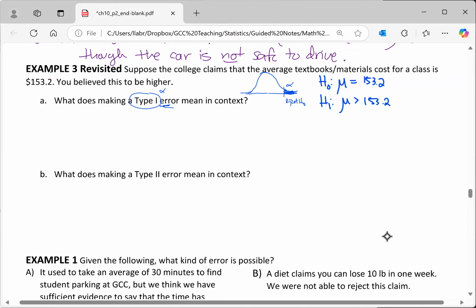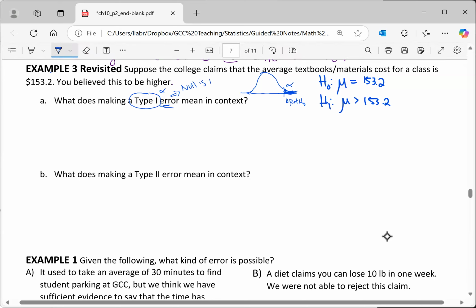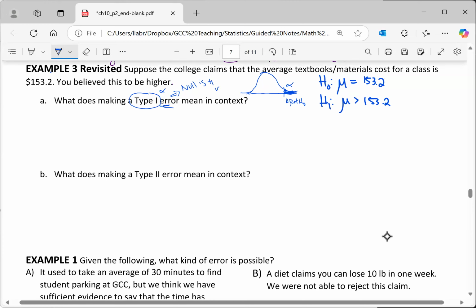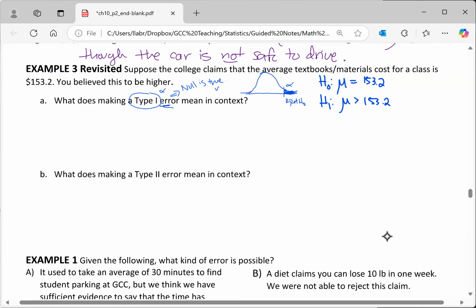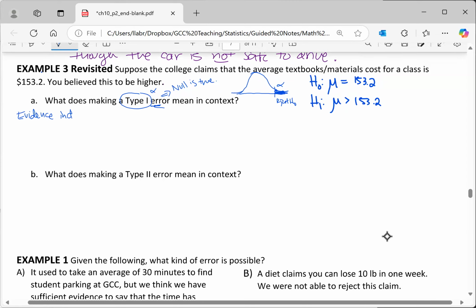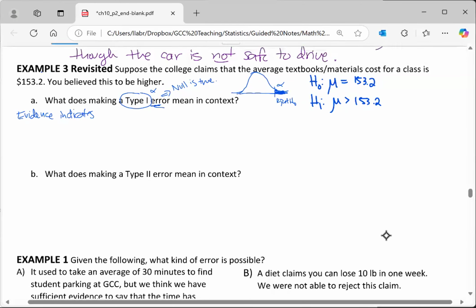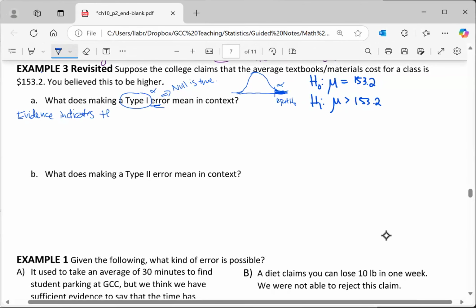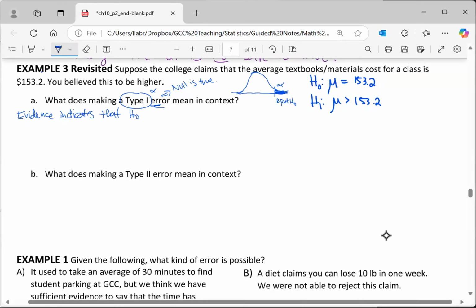Okay, so this basically says you're making an error by rejecting the null. So that means the null is true, but we are rejecting it. So the evidence says that we rejected, and that's just because we landed in the tails. So this basically means that evidence indicates that H0 is false.